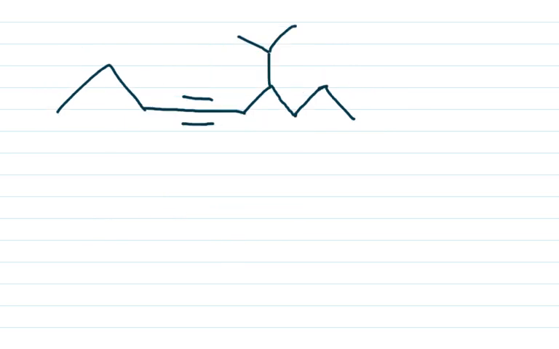Again, for this example, let's number the longest carbon chain so that the triple bond is on the least carbon number. So if we were to do that, that would be 1, 2, 3, 4, 5, 6, 7, 8, 9, 10. Now remember, I could have gone this way, so I could have said 8 and 9. However, that would not be the longest carbon chain.